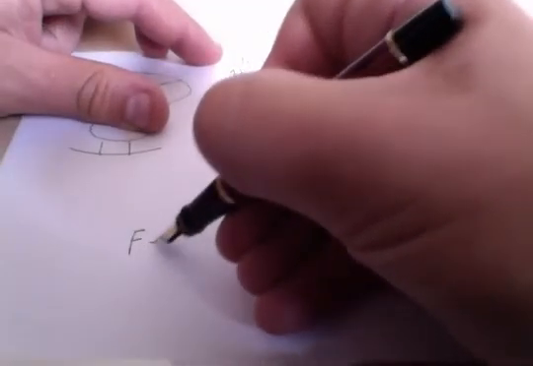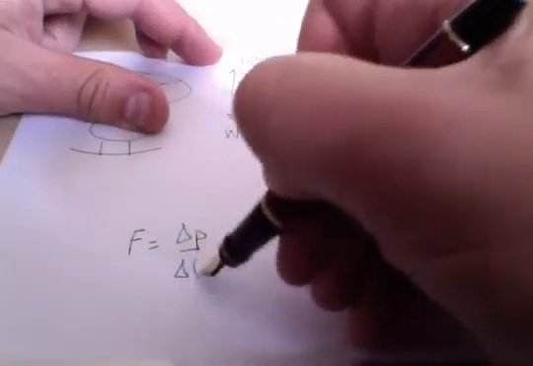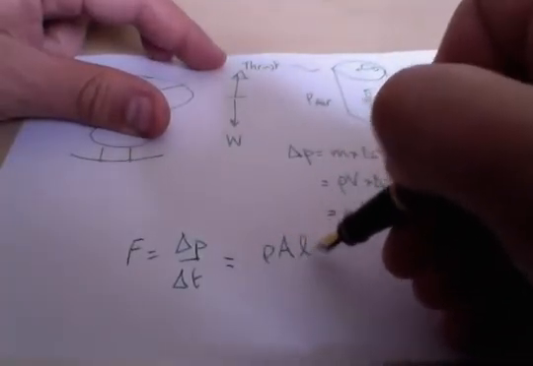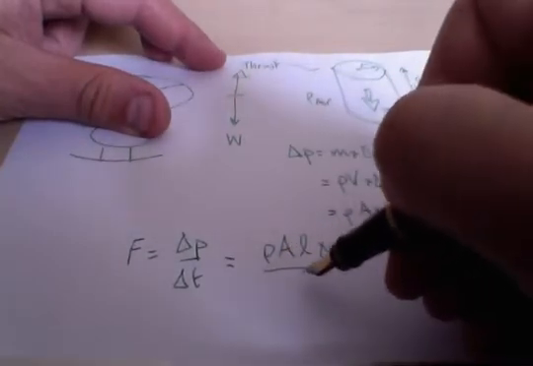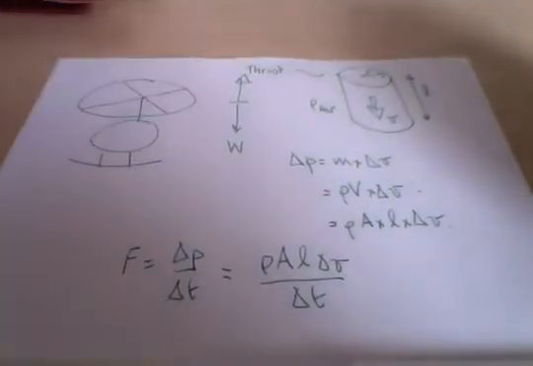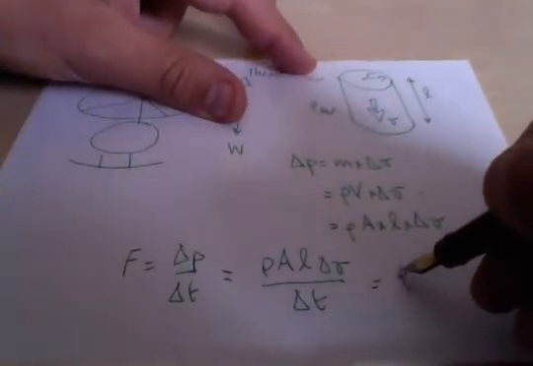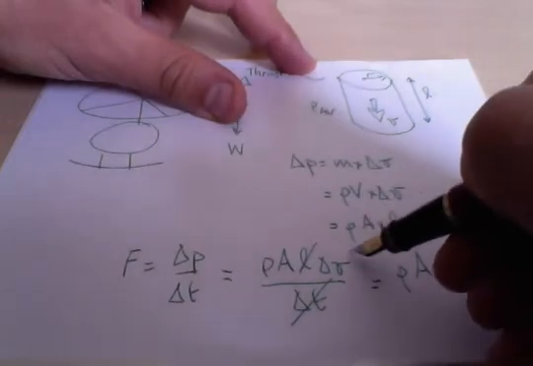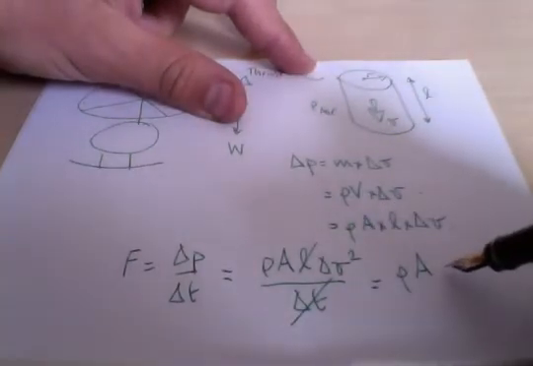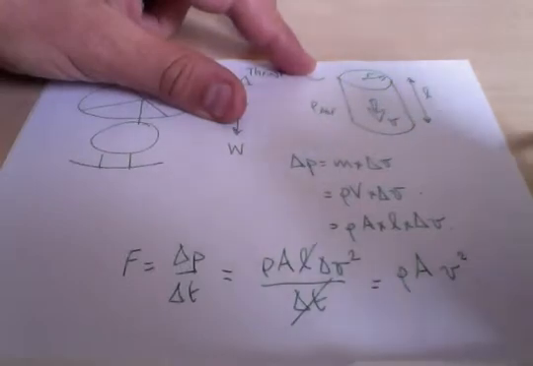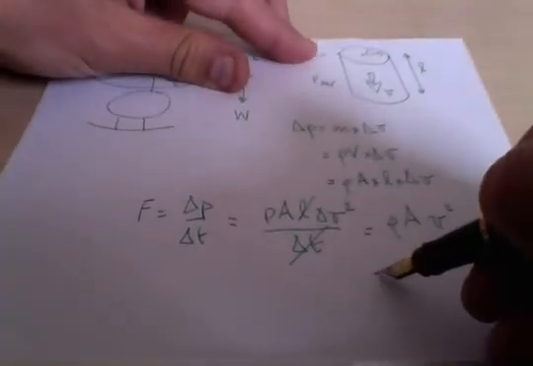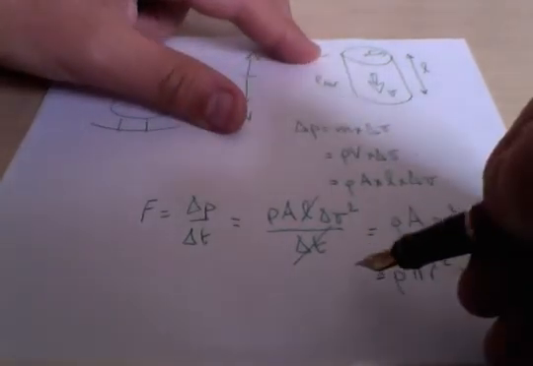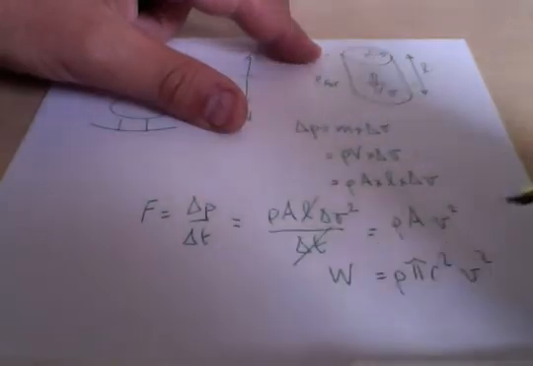The force, in turn, is the rate of change of momentum with the given time, or per second. So I have rho A L delta v over delta t, which gives me rho A, and the length divided by the time cancels to give me another velocity. There I have velocity squared. Finally, rho pi r squared v squared gives me the force, which equals the weight in order to hold it upright.